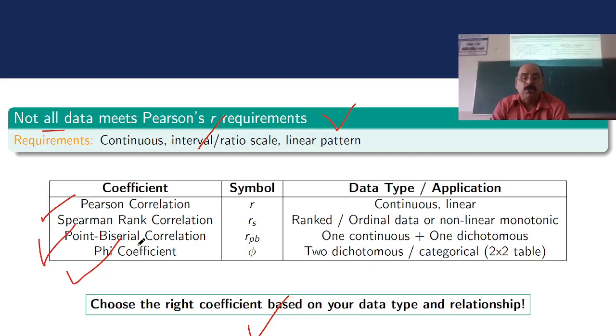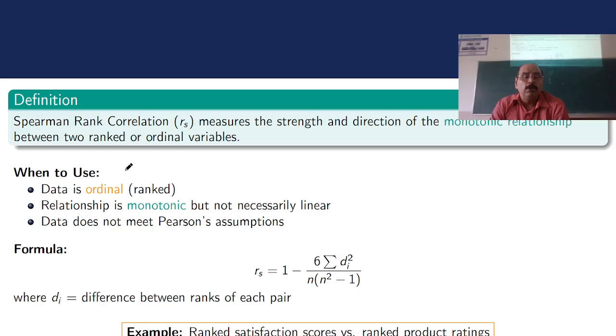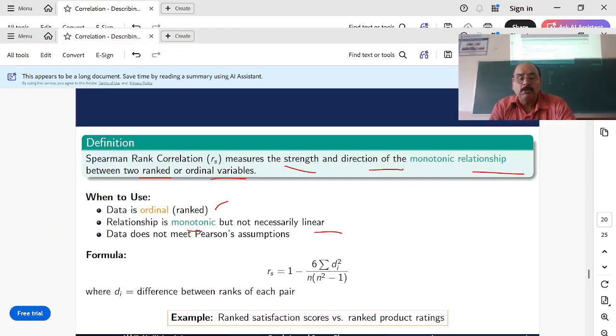Let's understand what is meant by Spearman's rank correlation. Like Pearson's, it measures the strength and direction of a monotonic relationship between two ranked or ordinal variables. If the data is ranked, the relationship is monotonic but not necessarily linear, and the data does not meet Pearson's assumptions.